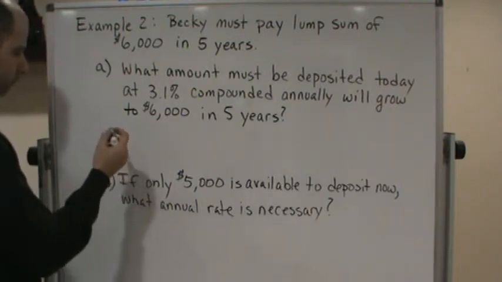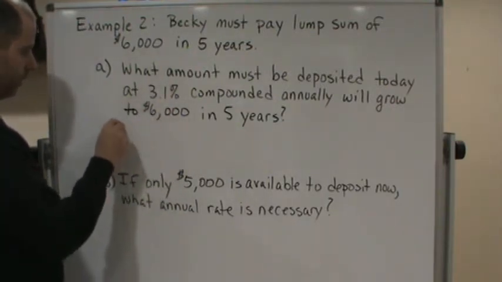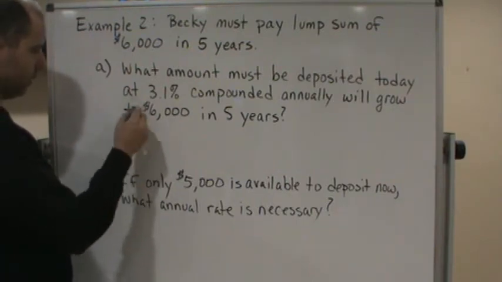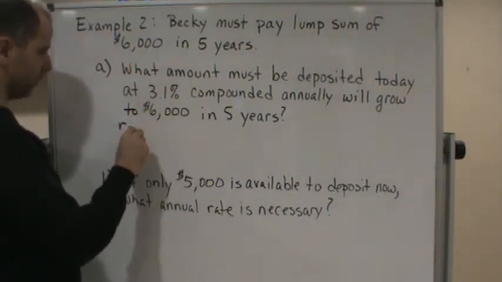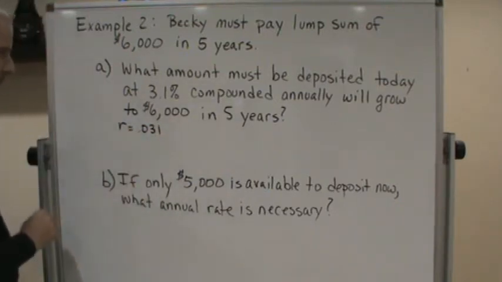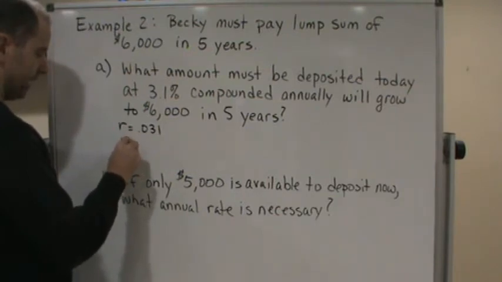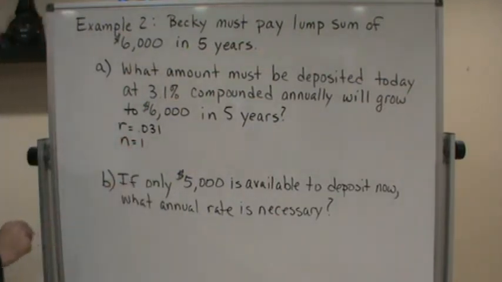Well, in this case here, what are the numbers? We need to figure out what the variables are. So again, R is going to be the 3.1% annual interest rate, which is 0.031 as a decimal. It's compounded annually, which means N is equal to 1, because it's only compounded once per year.